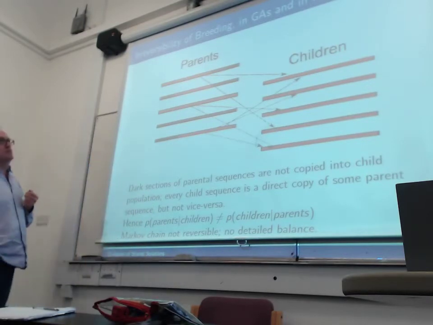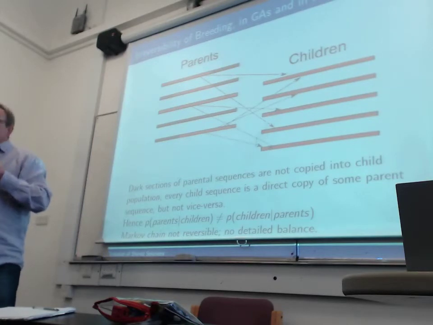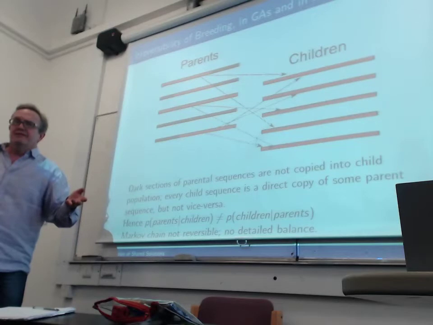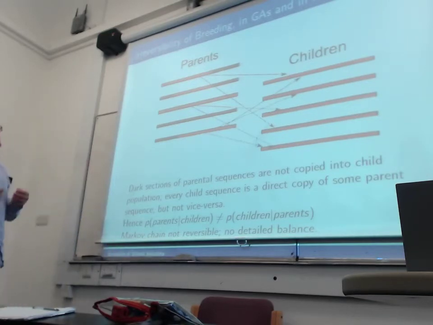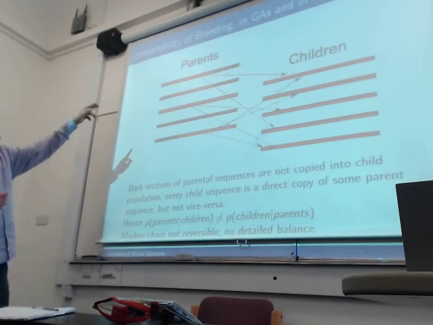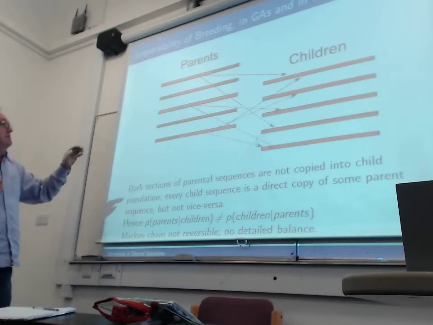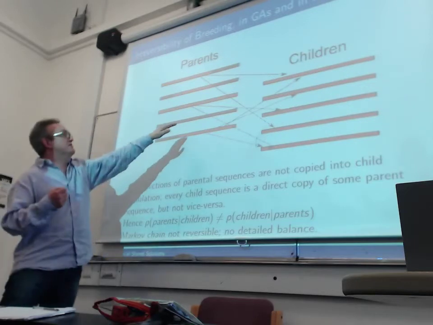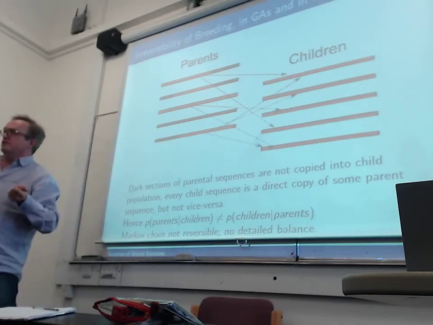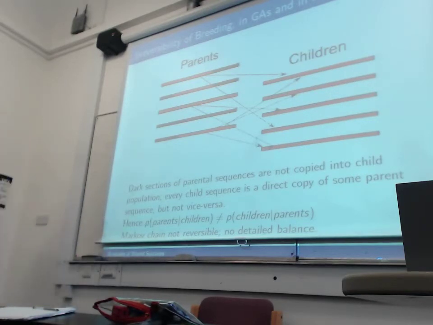Then if some parents have more than one child, and some bits of parental genetic material are copied more than once, which we're assuming, since there's going to be selection, whether random or systematic, some bits of parental DNA are going to be copied more than once. Then that must mean that some parts of parental DNA are not directly copied to children. So there's an inherent irreversibility in the process.